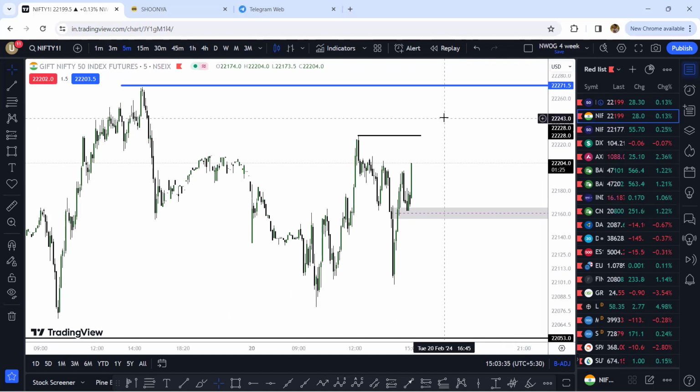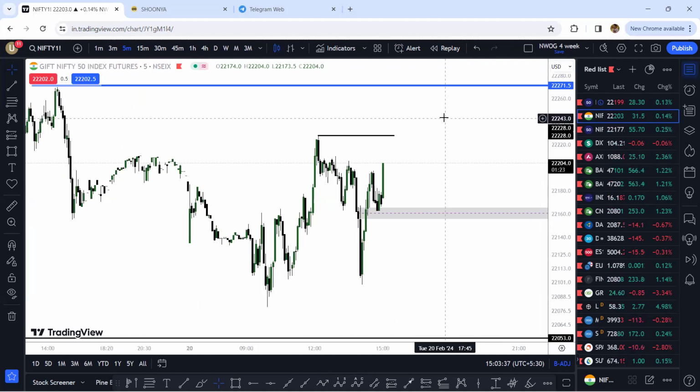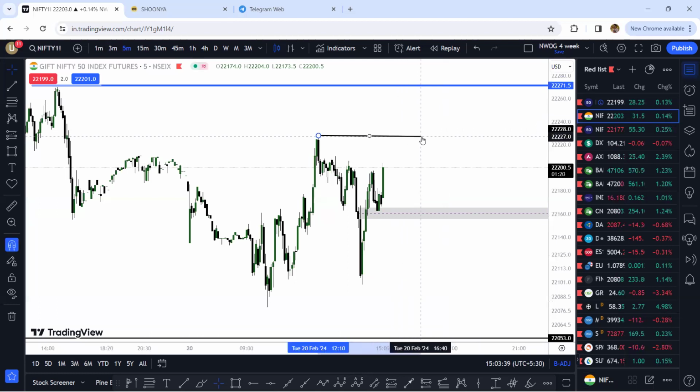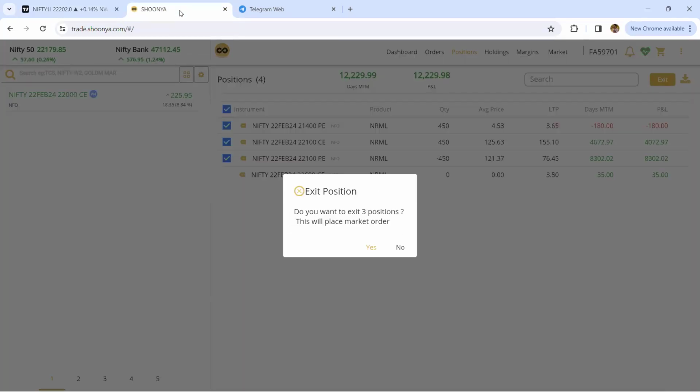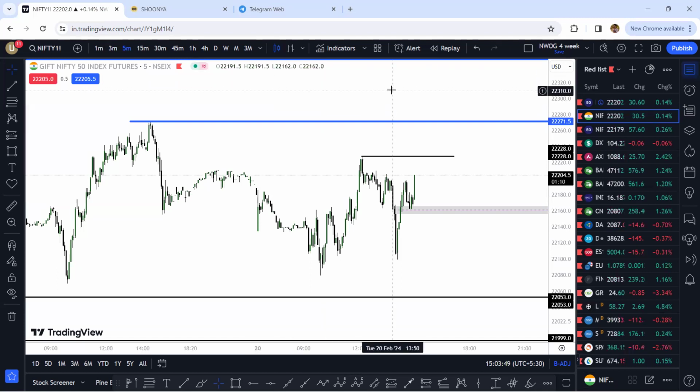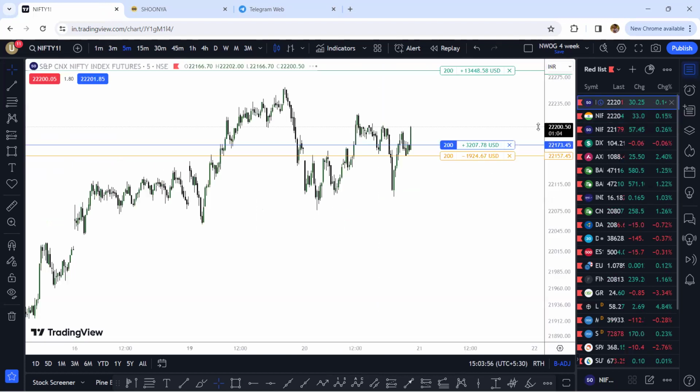This is also pushing up, so I can still be in this. Again, there's no problem. So maybe once Gift Nifty takes out this high, I would like to exit all of my trades.